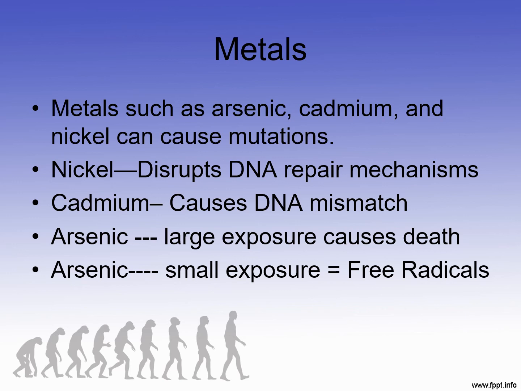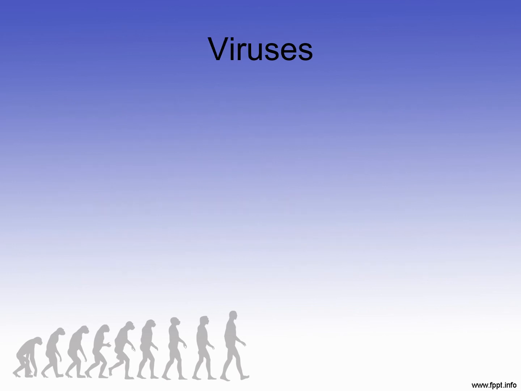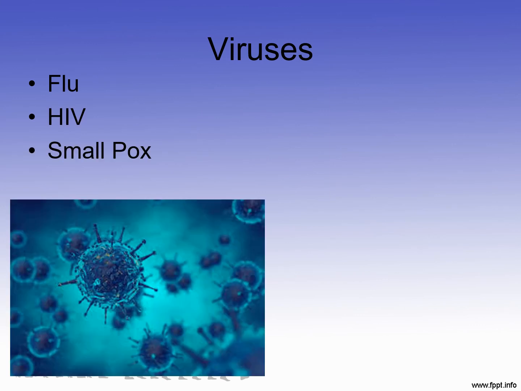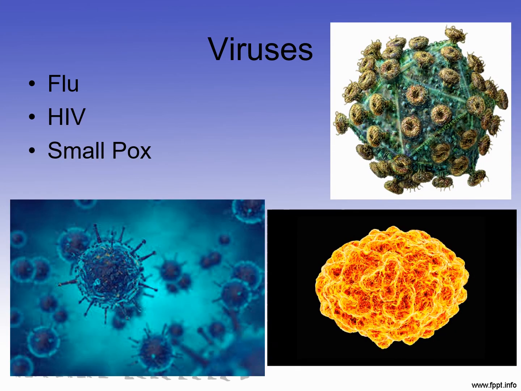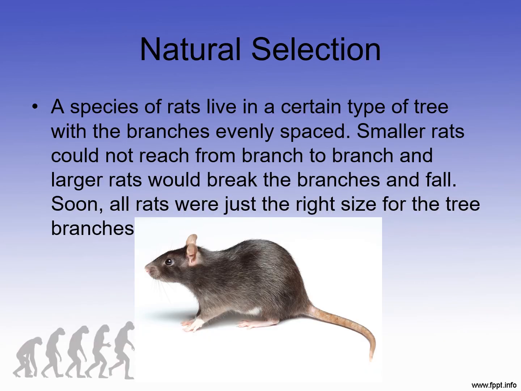So in essence, too much exposure to these could cause a whole host of mutations, which could lead to different cancers. If we look at viruses, the flu, HIV, as well as smallpox, all three of these have caused or can cause changes in your DNA if they are left unchecked within your body.